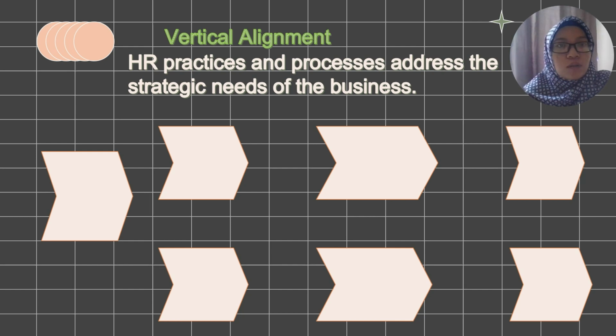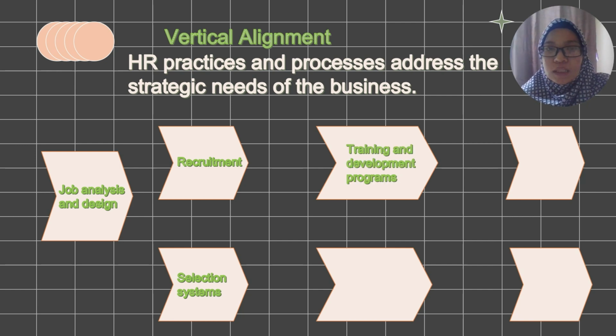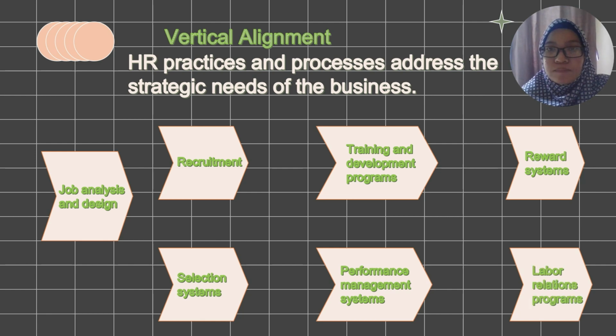Examples of vertical alignment are job analysis and design, recruitment, selection system, training and development programs, performance management system, reward system, and labor relation programs.